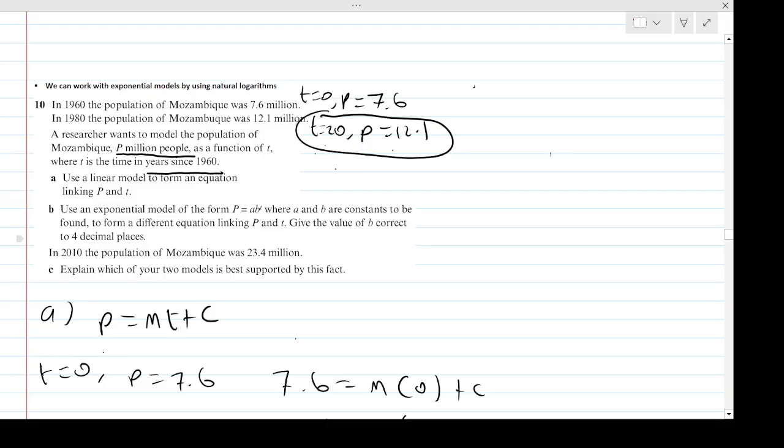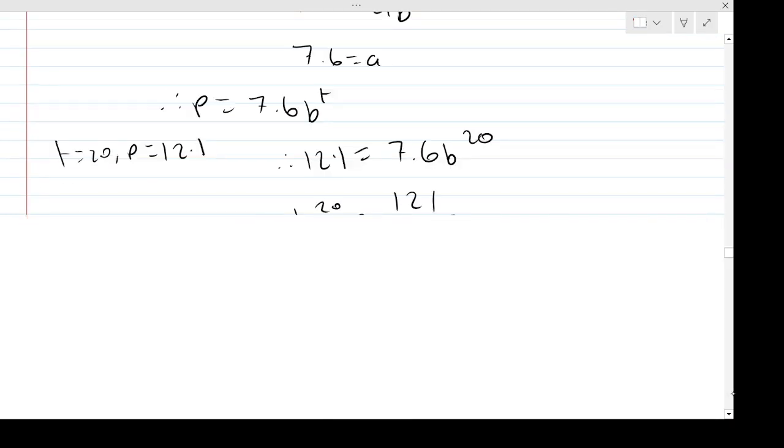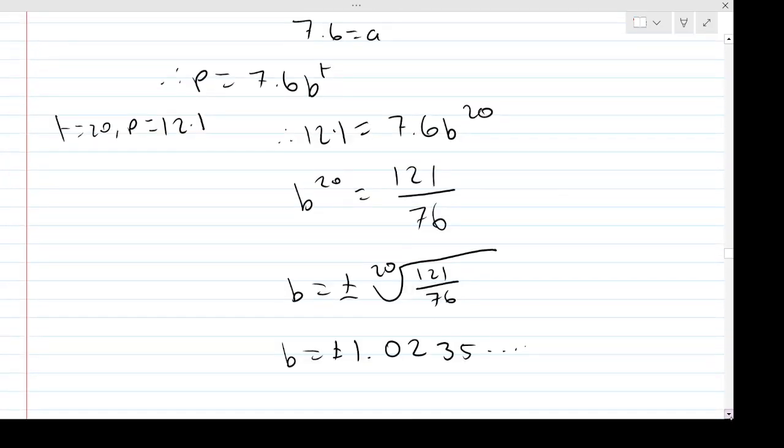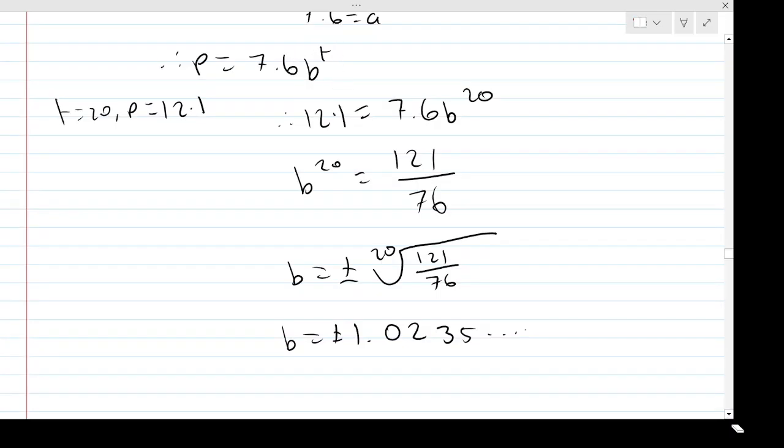But let's think about it though. b can't be negative actually, can it? No, because with exponentials, any exponential a to the x, as we discussed, a must always be positive. So actually b must be positive.